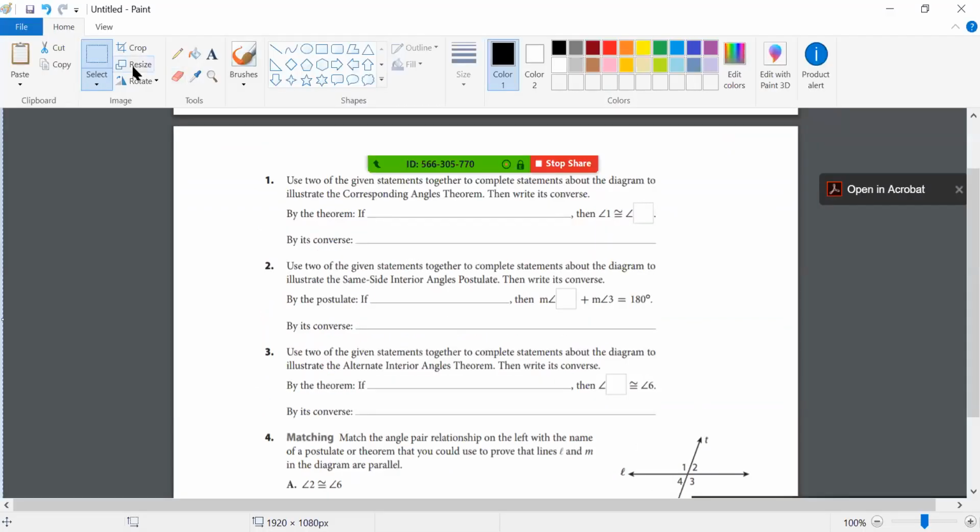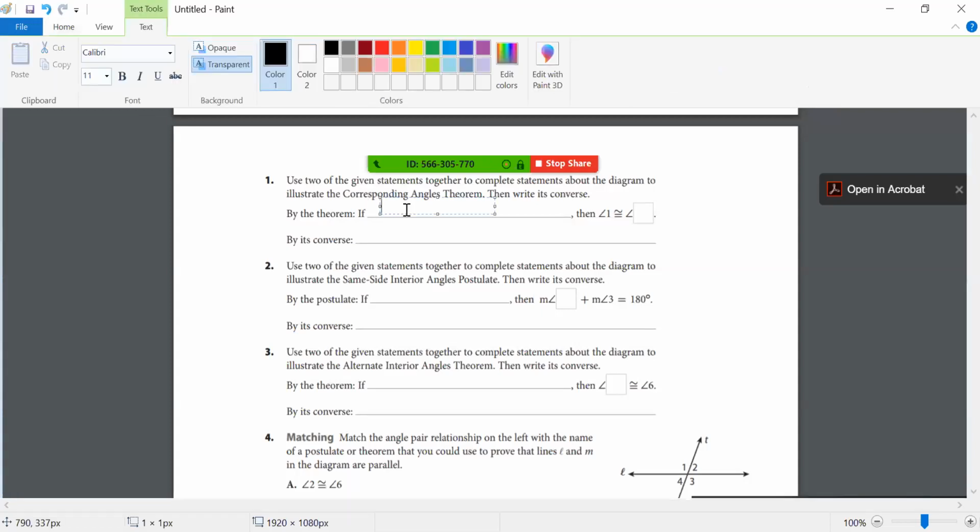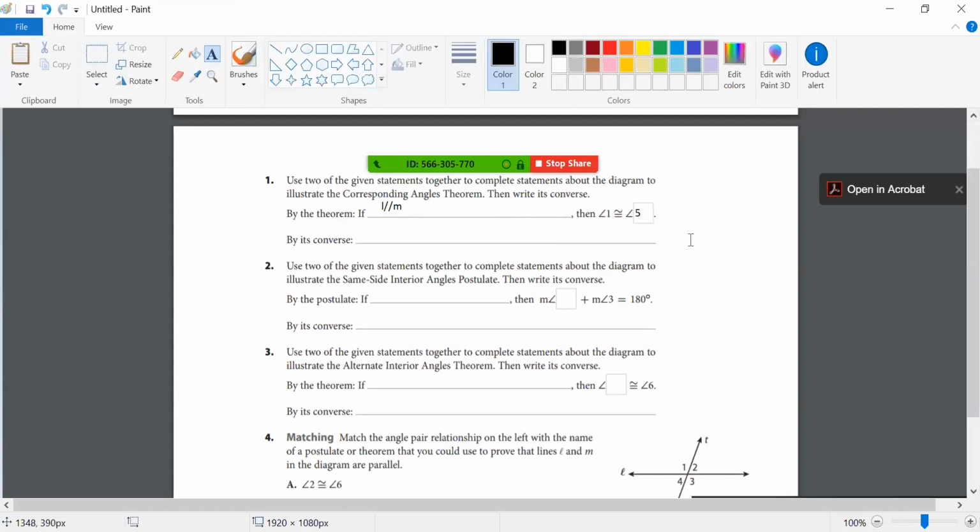Okay, let's do it together. So in here, I'm going to write: if L is parallel to M, then angle 1 will be congruent to angle 5, right? Okay, now its converse.